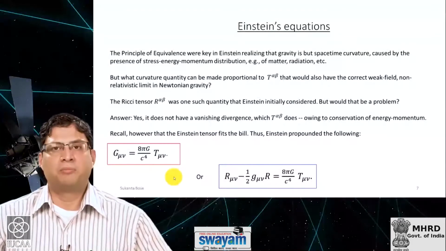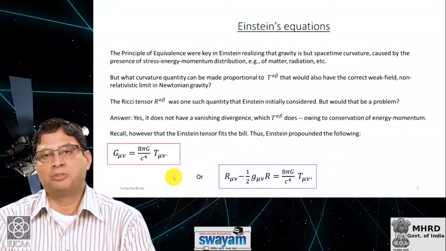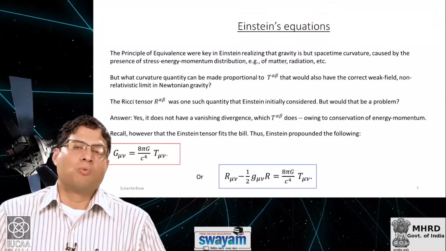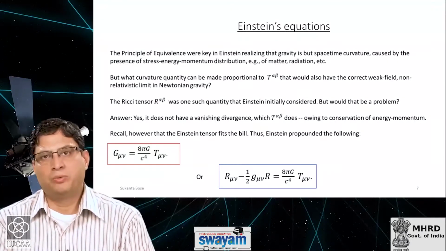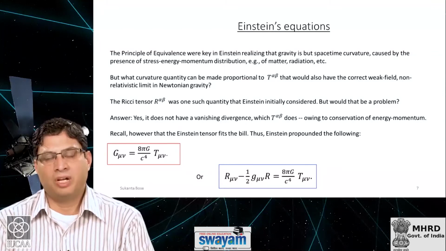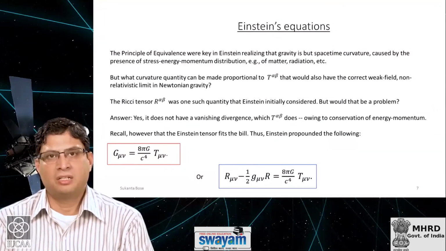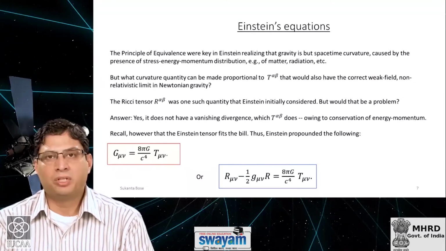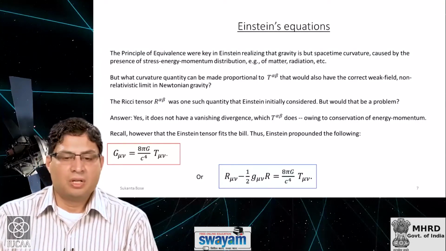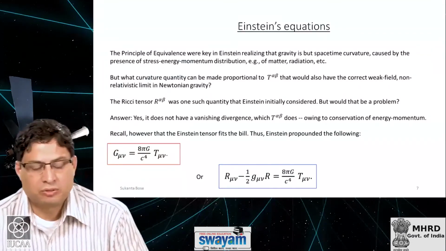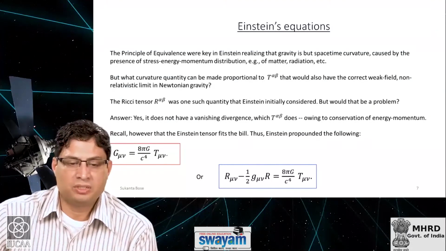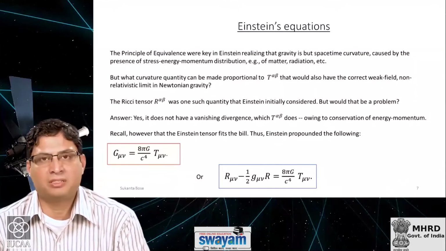So, with that preparation and introduction to stress energy tensor, we come back to what could be the equation that defines how gravity, or in Einstein's case curvature of space-time, is influenced by fluid distribution. So, one of the key insights into this equation came from the principle of equivalence.